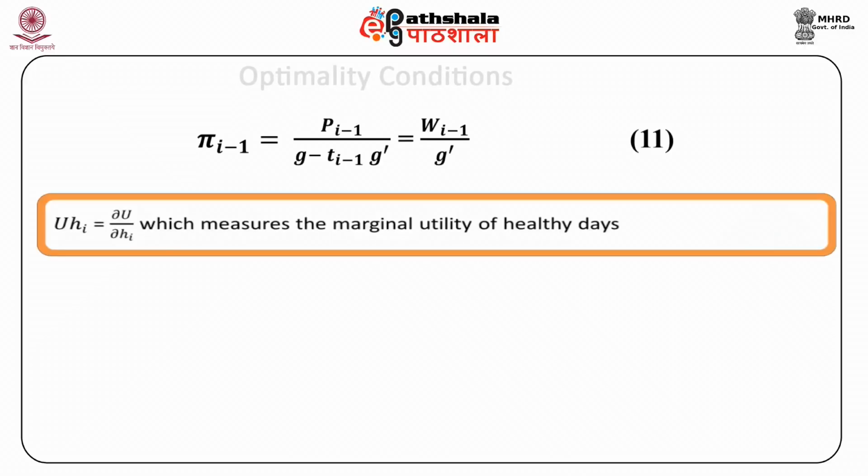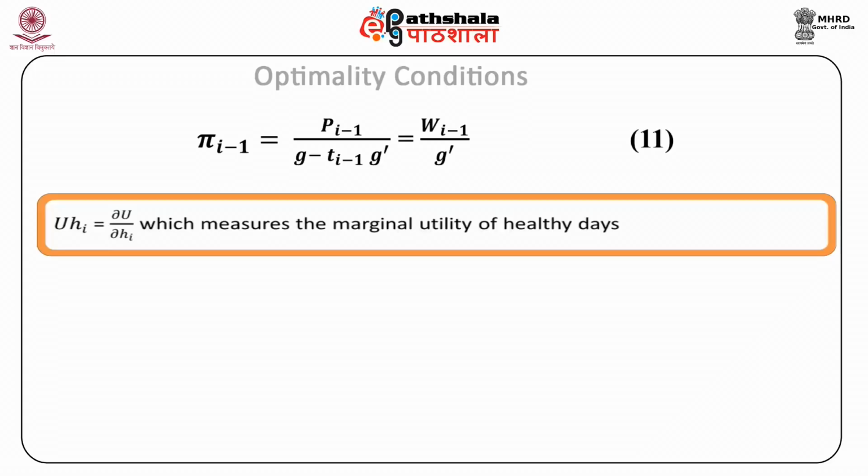Here UHi is equal to delta U upon delta Hi, which measures the marginal utility of healthy days, where lambda is equal to marginal utility of wealth, Gi is marginal product of health stock in producing healthy days, pi i minus 1 is marginal cost of health investment gross in period i minus 1.